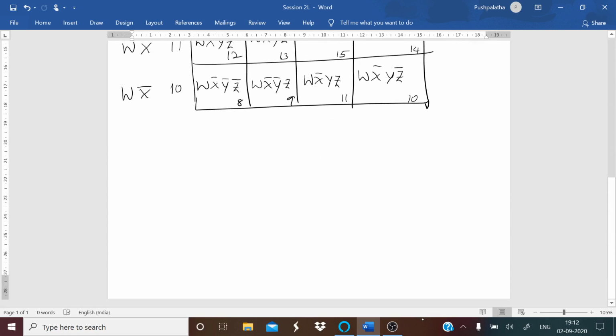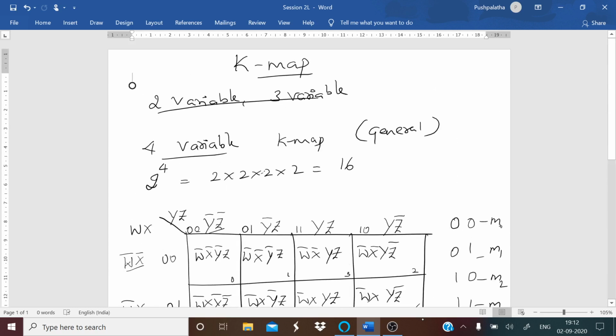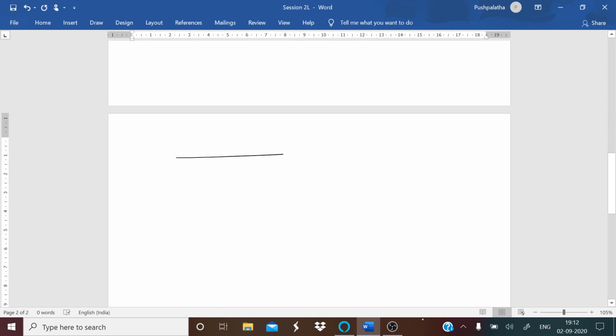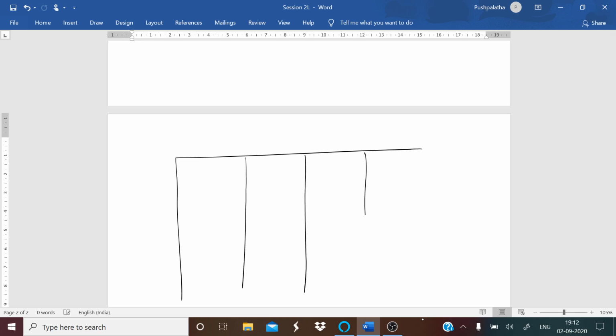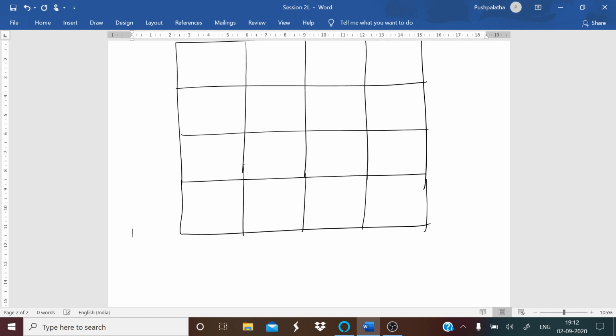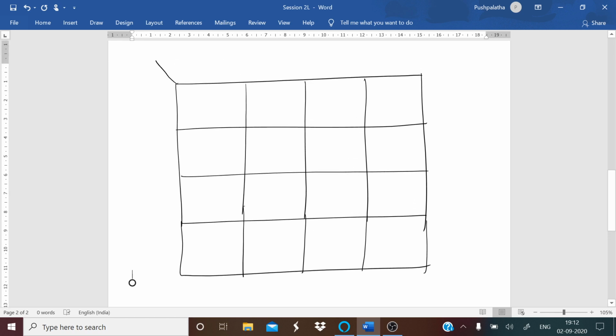Now if you are going to use zeros and ones instead of the variables, what shall we do here? For zeros and ones, if you are drawing, this is your w x y z, 0 0, 0 1, 1 1, 1 0.